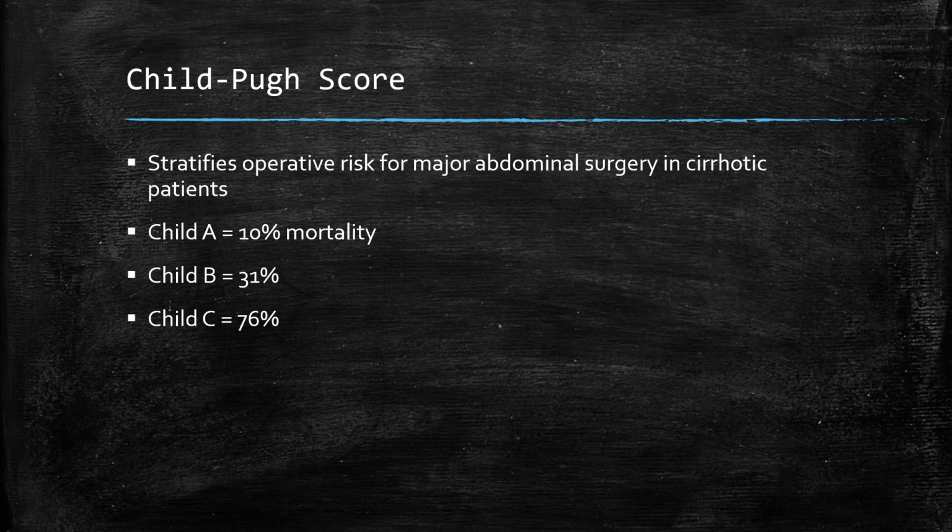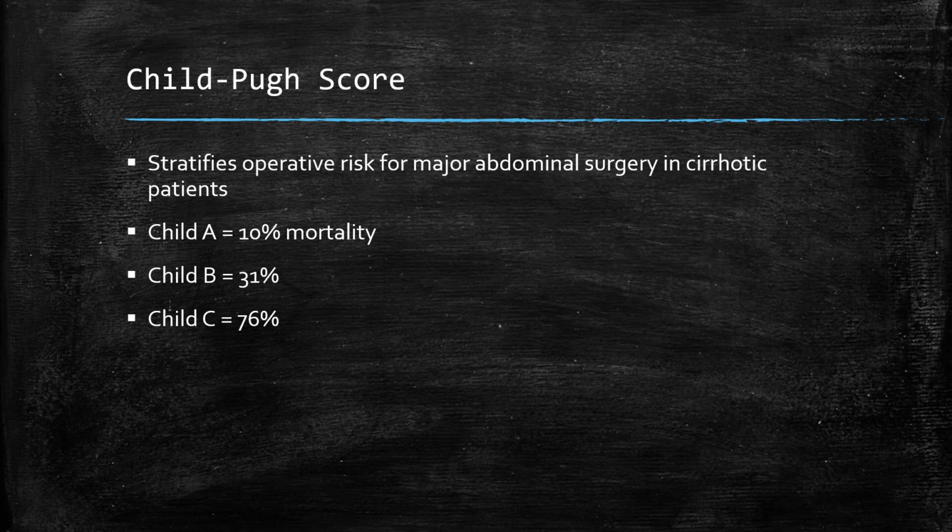So in general, a Child A patient has about a 10% mortality following a large abdominal operation. We'll generally consider that to be an acceptable risk. On the other hand, the Child C patient has a 76% mortality, which we will usually consider to be a prohibitive risk.